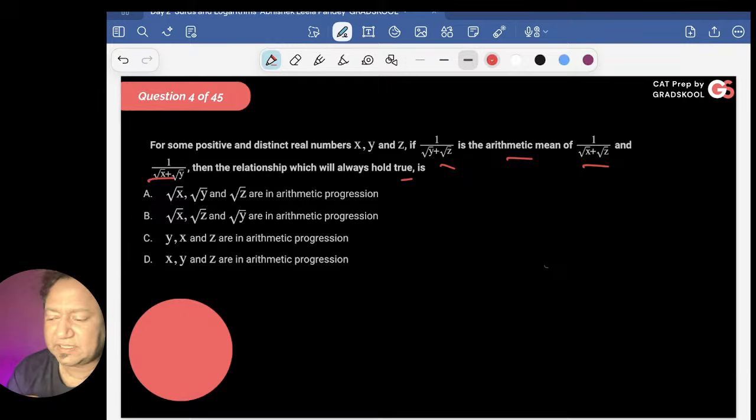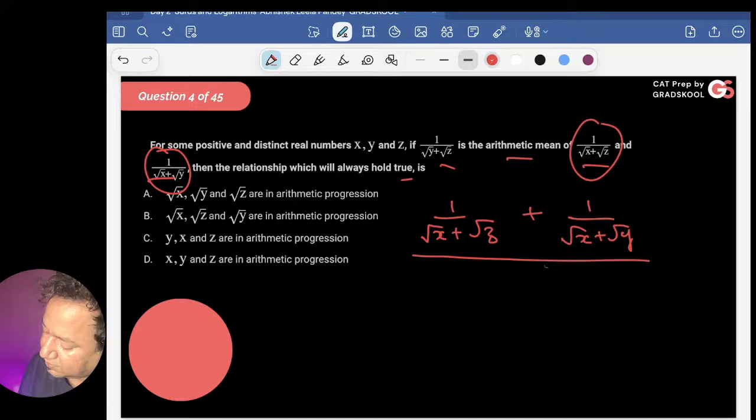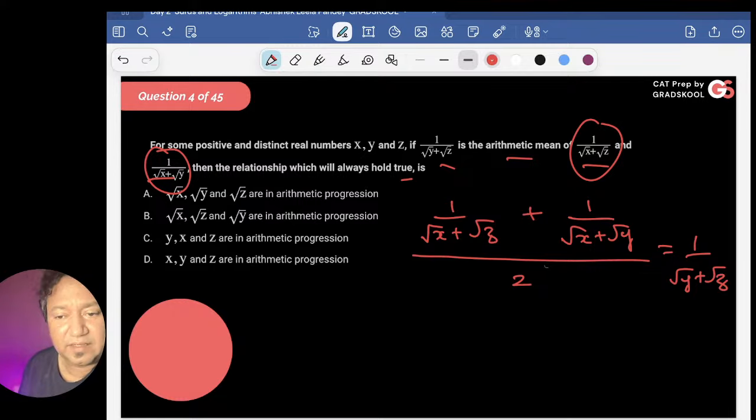What does arithmetic mean, by the way? The average. तो पहला स्टेप में लिख देता हूँ 1/√x प्लस √z इसका और इस वाले का, that is 1/√x plus √y upon 2. इसका arithmetic mean is 1/√y plus √z. That is what the question says. We need to see which of these relations will always hold true.